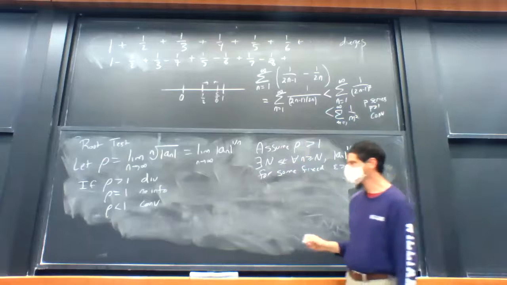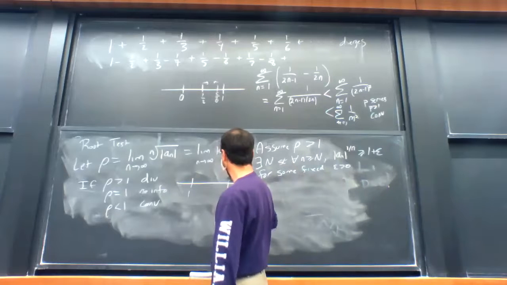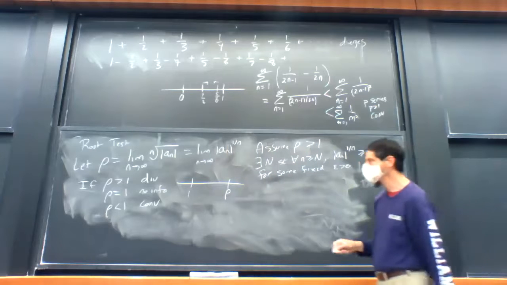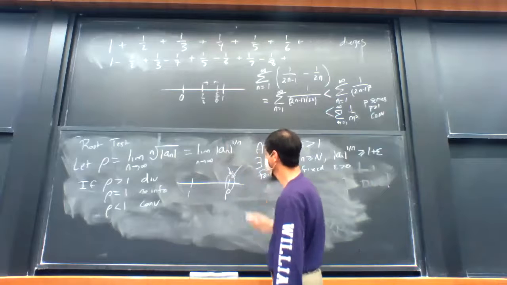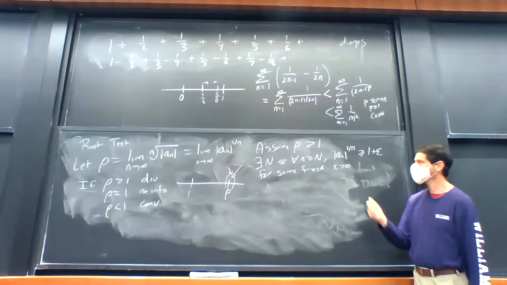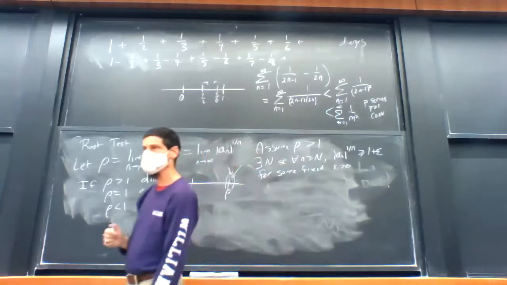What does it mean for the limit to exist? Well, here's 1, here's rho. And we're saying the limit exists. That means eventually I have to be extremely close to rho. As n gets larger and larger, this has to get closer and closer to rho.